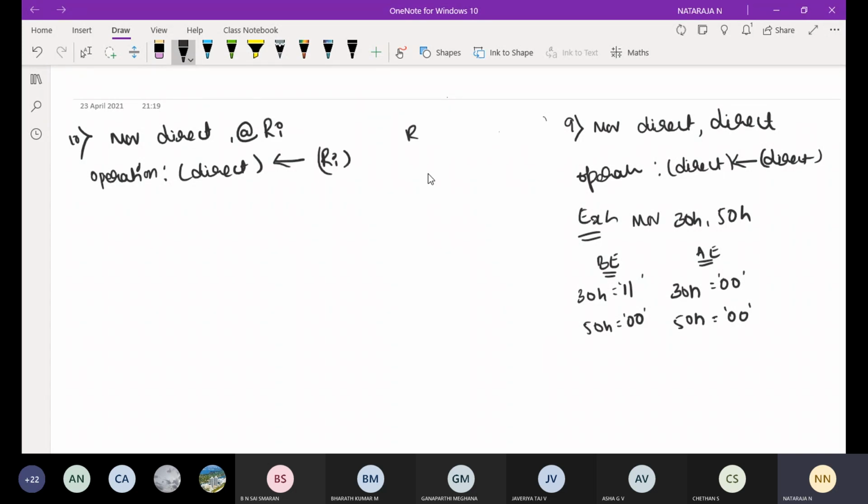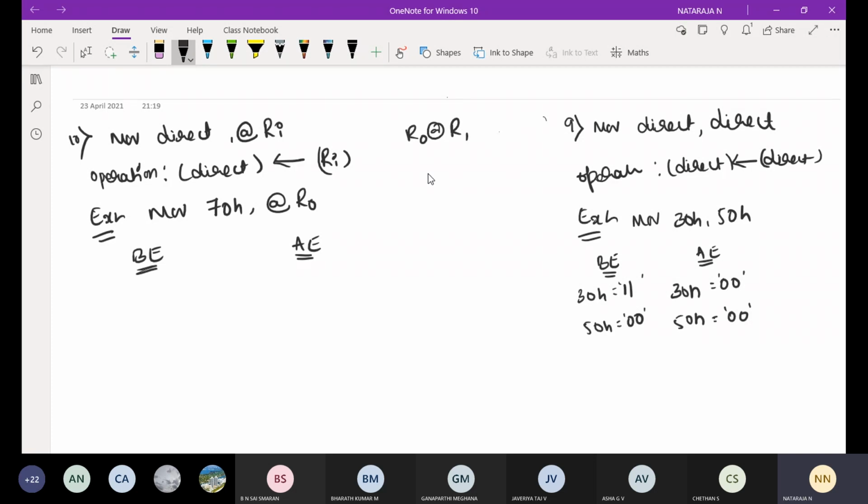Ri means R0 or R1. If it is Rn, it will be from 0 to 7. Take one example. Move direct, which means a memory location, 70H, comma @R0. Okay, we will write the execution, before execution. BE means before execution, AE means after execution.